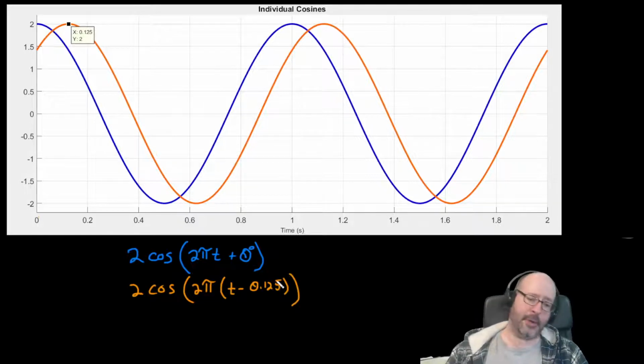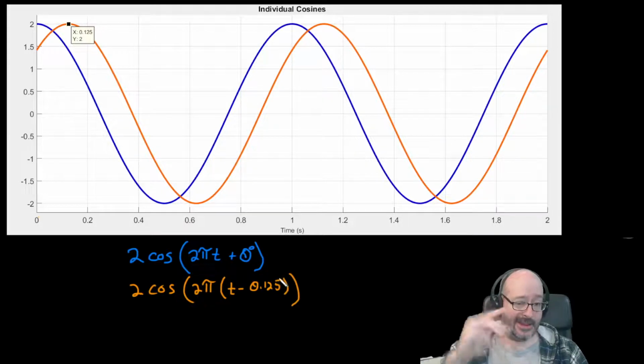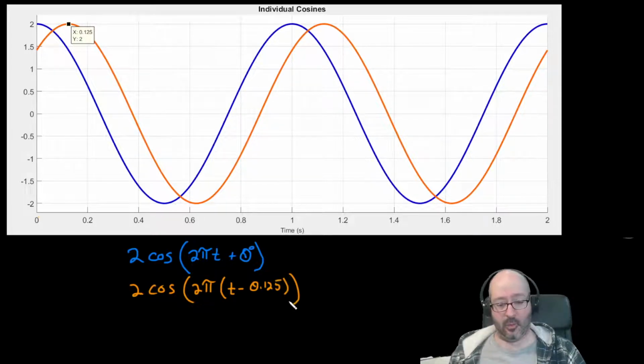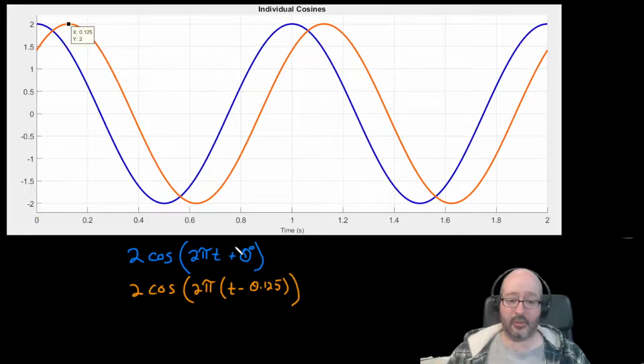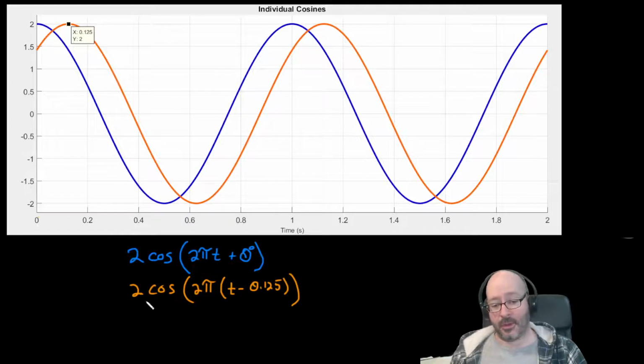But if you go back and think about what I said in the previous videos, we talk about phase shift in terms of angles. So we have to understand how much time it takes to move a certain number of degrees or a certain number of radians. If we write it this way and plot it, we'll get this orange line.